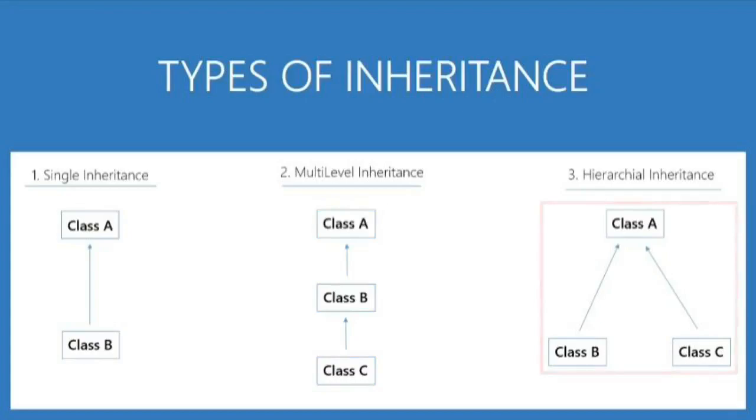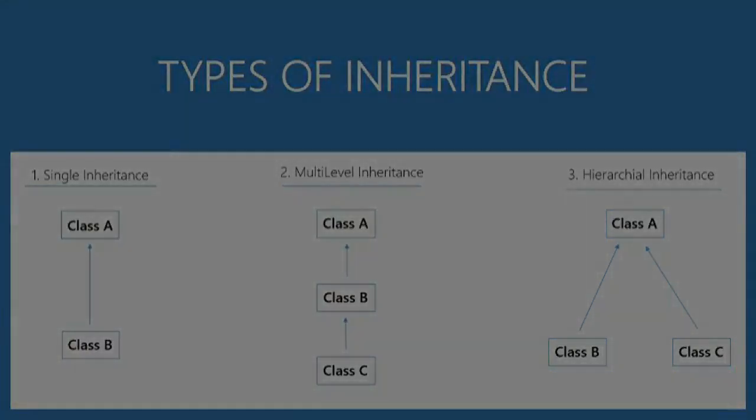And here in hierarchical inheritance, when two or more classes inherit a single class, it is known as hierarchical inheritance. For example, class B and class C inherit the parent class, class A. This is called hierarchical inheritance. Now that is Java inheritance in object-oriented programming.